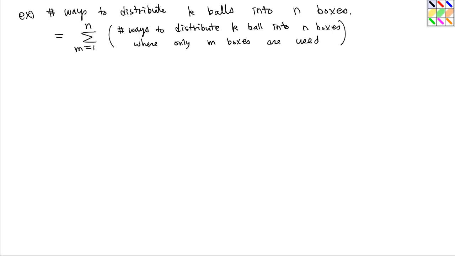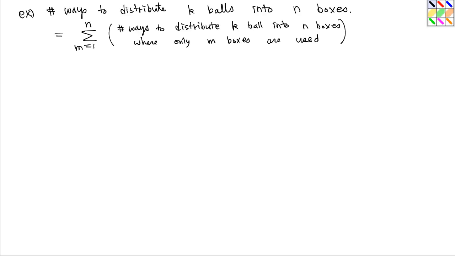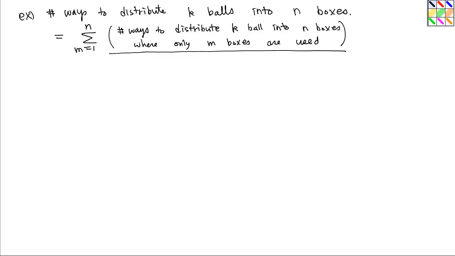But because the boxes are identical, we don't have to choose m boxes in different ways. There's only one way to choose m non-empty boxes because boxes are all the same. So here we can just assume that there are only m boxes and those m boxes are non-empty. And in the previous example we found that this is equal to P of k comma m. So if I write this again, the sum over m from 1 to n of P of k comma m. So this is the answer to this question.